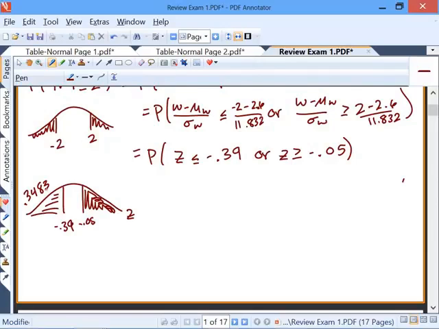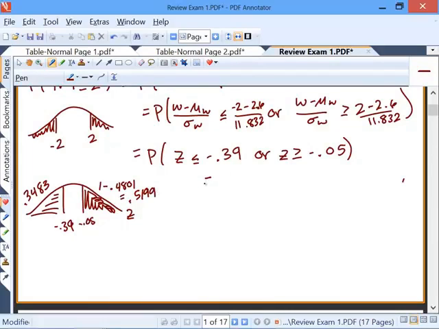But that's the area to the left, and I want the area to the right. So I need to do a 1 minus the 0.4801, which gives me 0.5199.